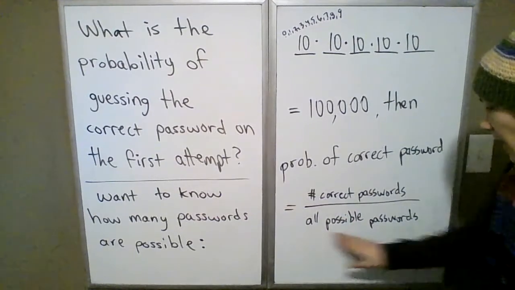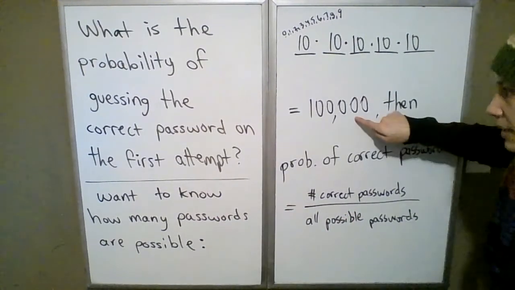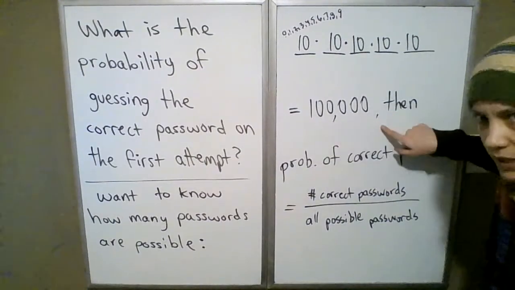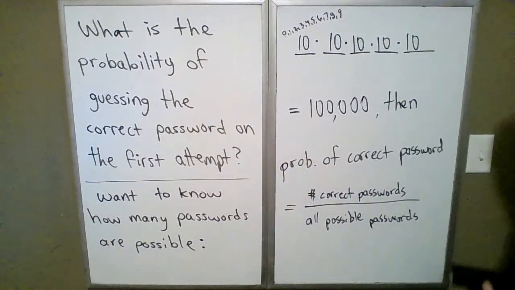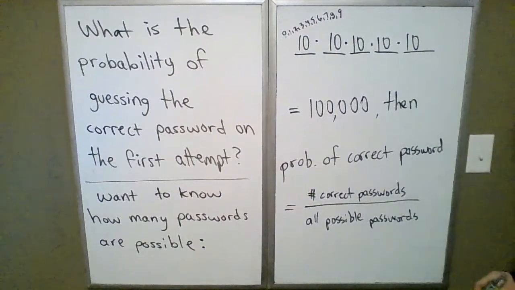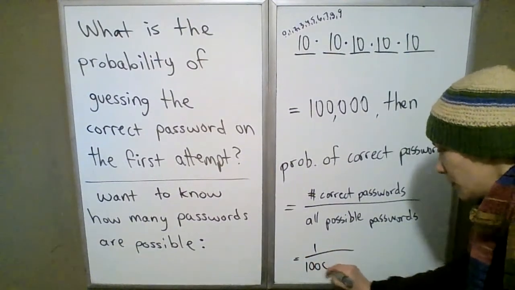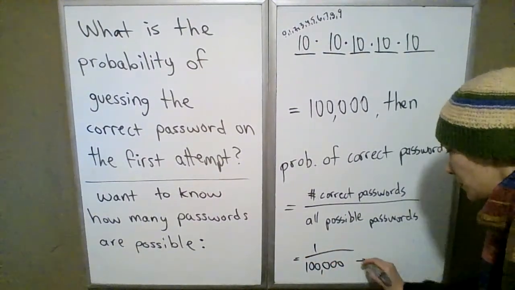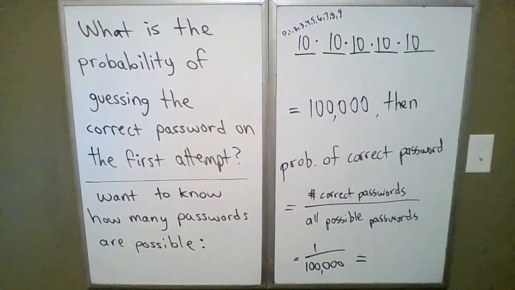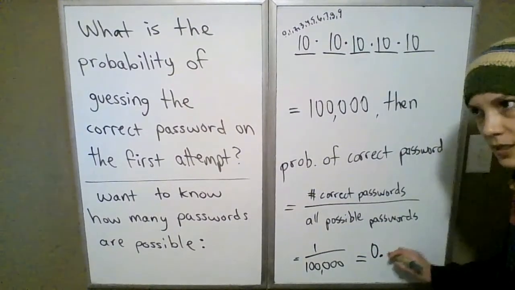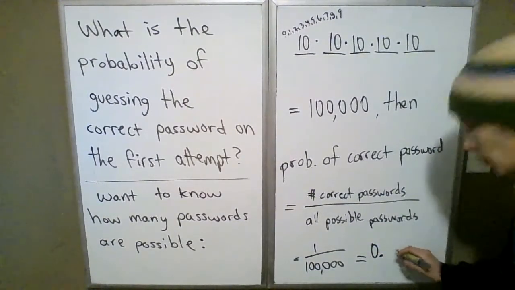And we're putting all possible passwords in the denominator, which we found out there's, I think, 100,000 of them. So 1 over 100,000 is 0.00001. 4 zeros and a 1.